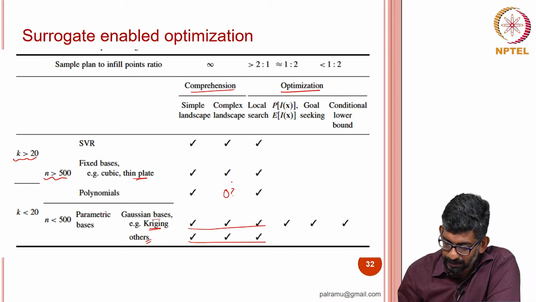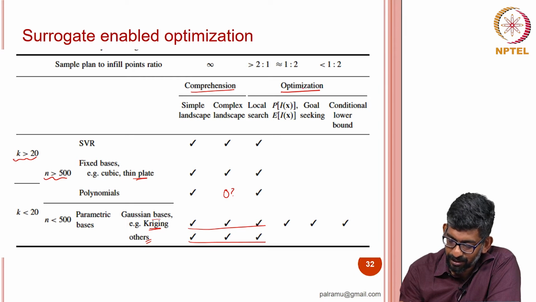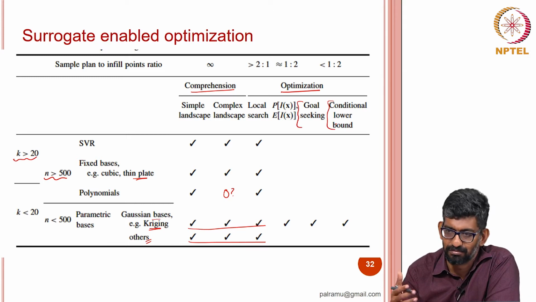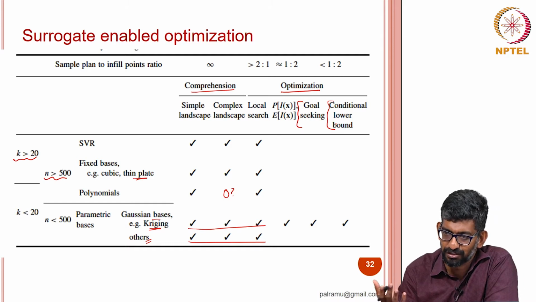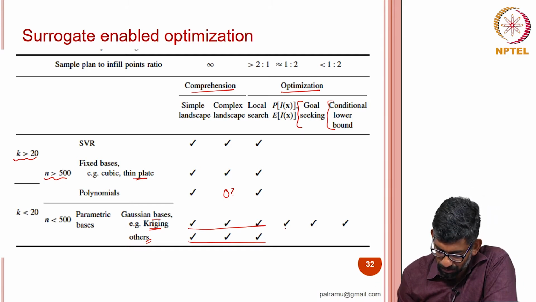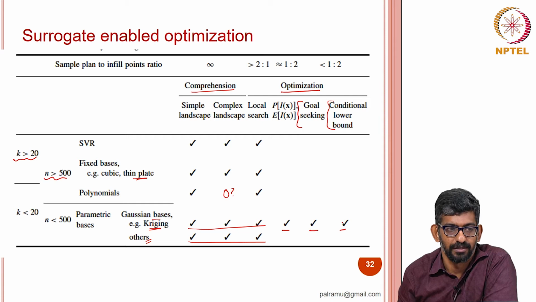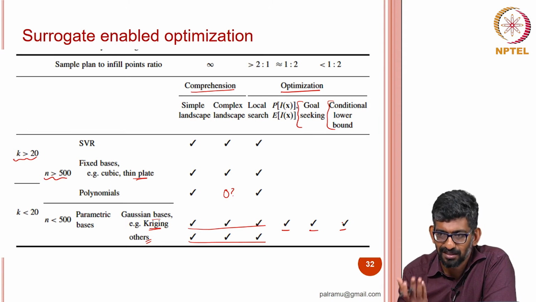Then, interestingly, from an optimization perspective, we did not look at goal seeking and conditional lower bound, but these are just one level higher understanding of these things. A kriging kind of approach can give you this, because these are Gaussian approaches. But as I pointed out, what does the Gaussian information give you that the other ones do not?